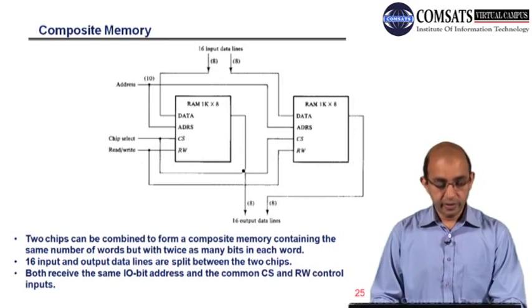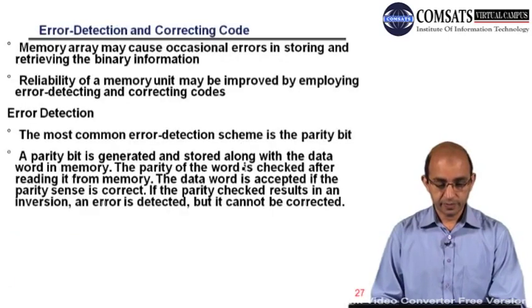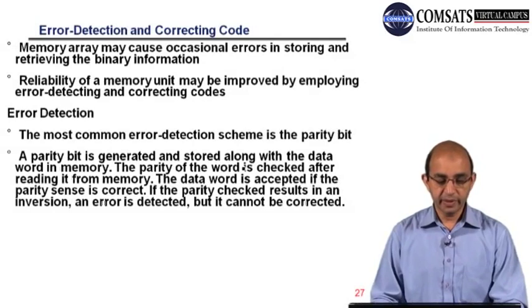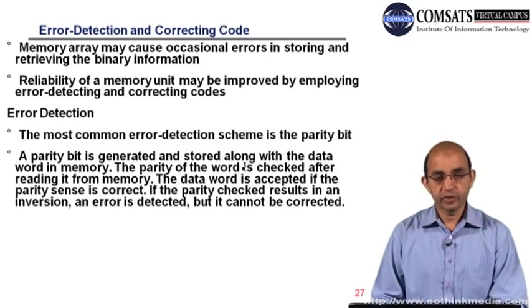So now we have the word of 16-bit each. One of the problems with those different memory elements is that they can have errors, whenever we are storing data or retrieving data from those different locations.